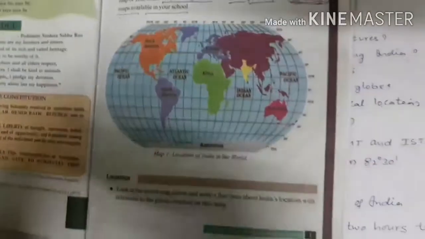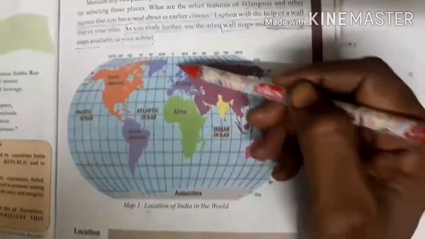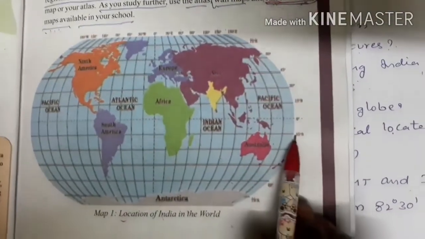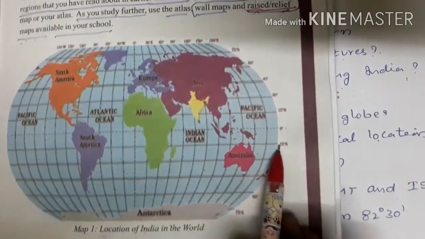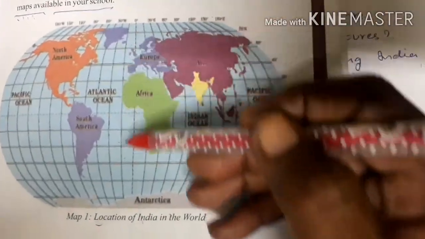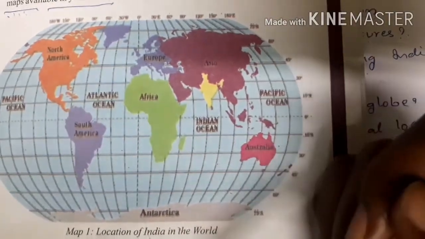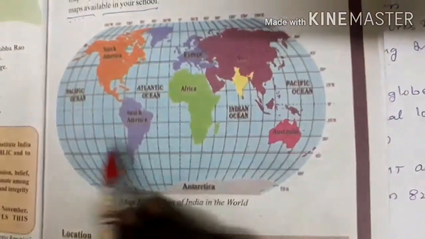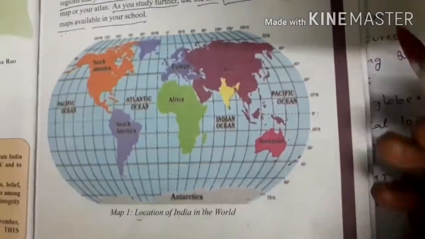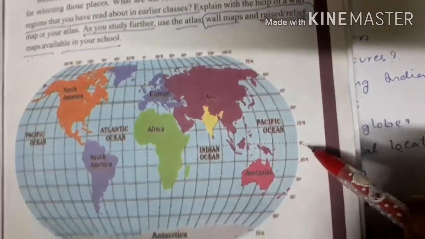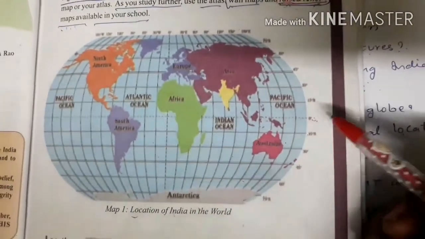If you see the globe, you already observed some vertical lines and some horizontal lines. The horizontal lines of the globe are called latitudes, and the vertical lines of the globe are called longitudes. In this, the 0 degrees latitude we call the equator. The equator is a big circle.